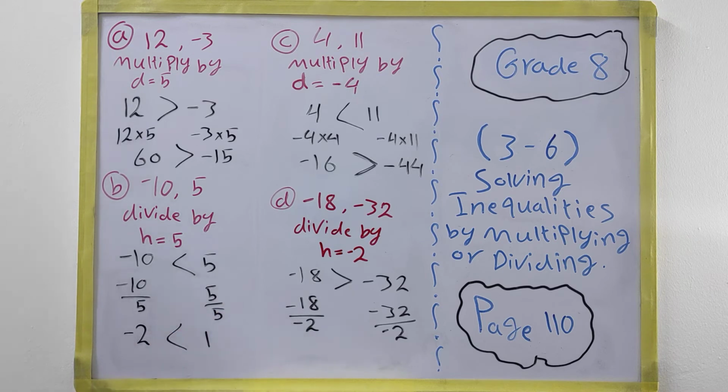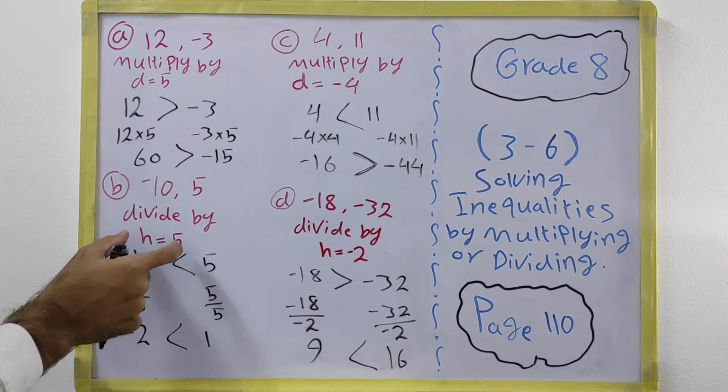Negative 18 divided by negative 2, it would be positive 9. And negative 32 divided by negative 2, it would be positive 16. Now, which one is greater? 16 is greater than 9.